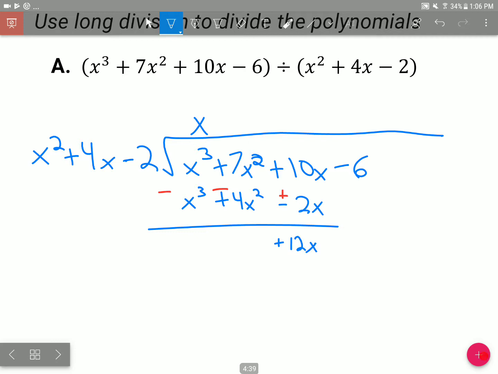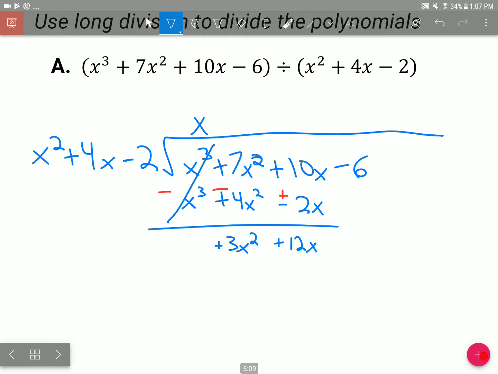If I have a positive 7 and a negative 4, those add up to a positive what? 3x. So 3x squared. And if I have an x cubed and a negative x cubed, those add up to 0. Those cancel out. So if your first term does not cancel out, you have done something wrong. Okay? You either need to multiply by something else or you multiplied wrong in the first place, whatever. Something along those lines has happened. All right? Any questions about that?